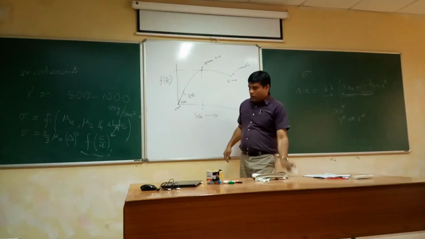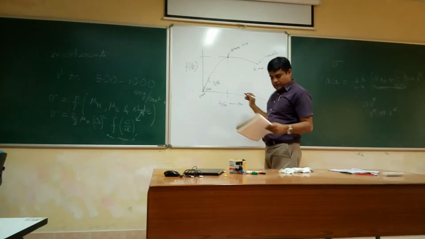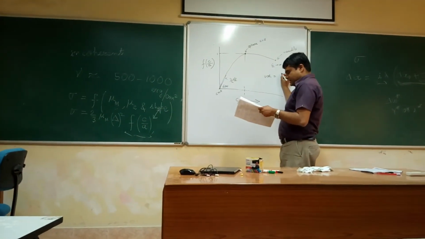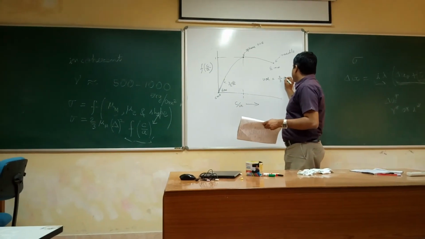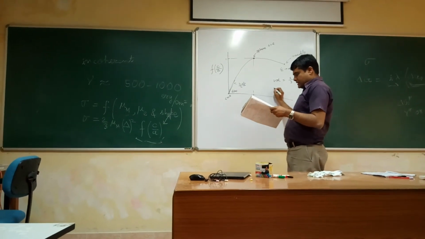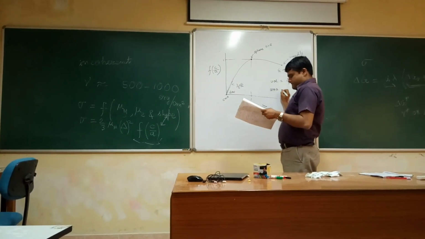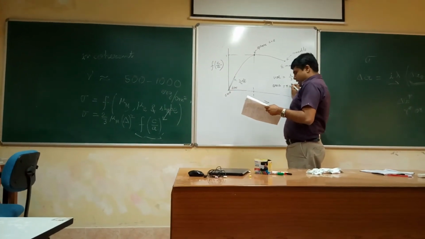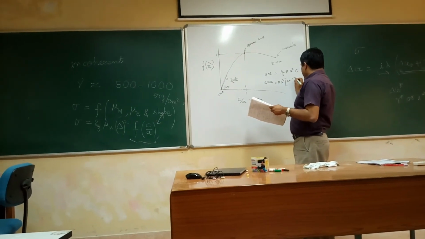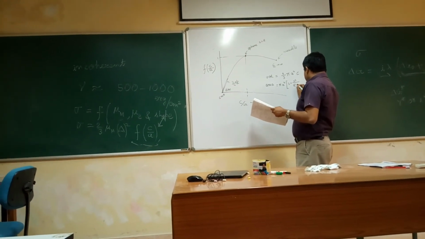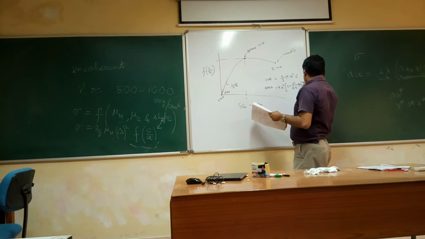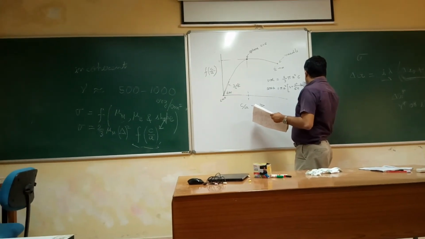The volume of an oblate spheroid is given by 4/3 pi a square c, and the area is given by pi a square within bracket 2 plus c square over a square e times ln of 1 plus e divided by 1 minus e.